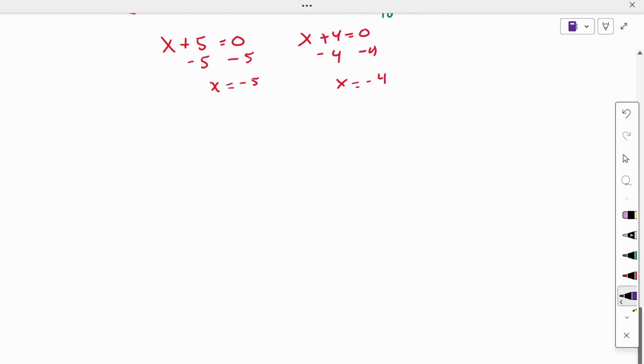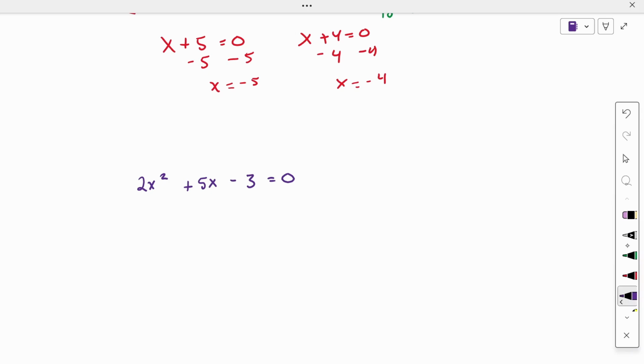Let's try another slightly more challenging example. Suppose we now have a leading term, in this instance 2x squared plus 5x minus 3 is equal to 0. Because we have a leading term, this time for our trinomial expression, we will probably use the factor by grouping method or the extended guess and check method.